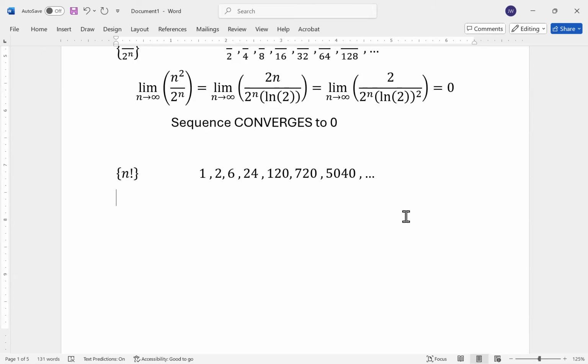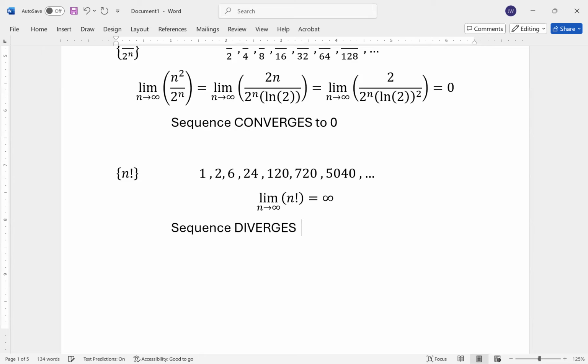But it's pretty easy to see that n factorial just keeps growing and growing and growing. So as n gets bigger and bigger, this sequence is going off to infinity. And that's the scenario in which we say that the sequence diverges.